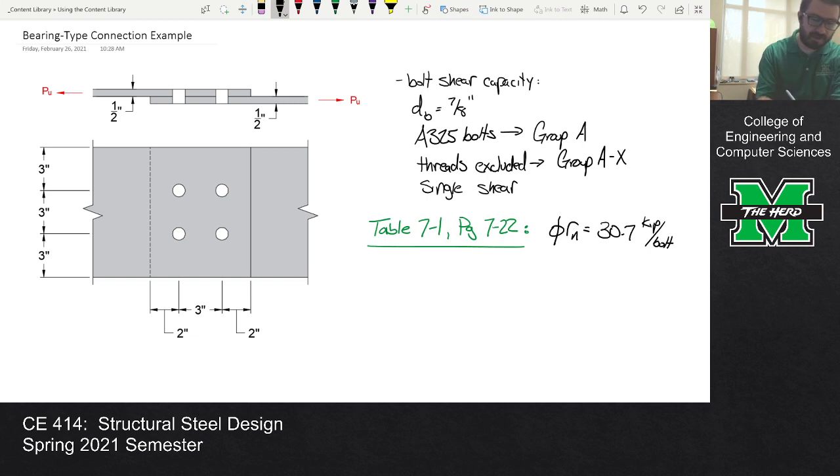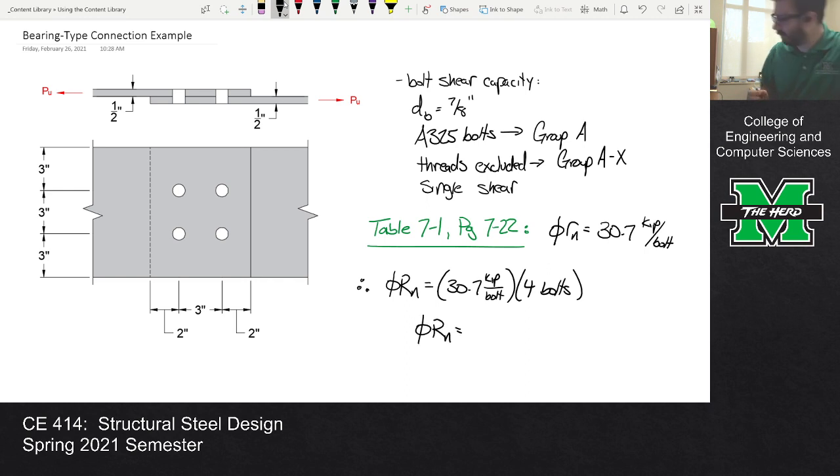There we go. So therefore, phi RN would be 30.7 kips, little rn I should say, per bolt times 4 bolts. And then phi RN is, what is that? 30.7 times 4 is, I think it's like 122.8.